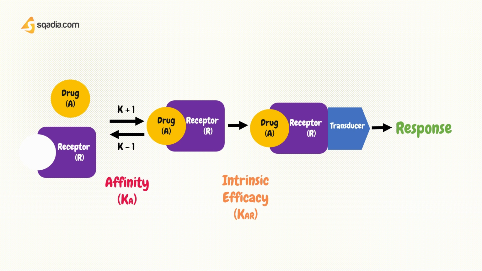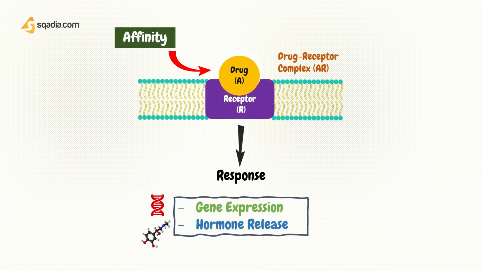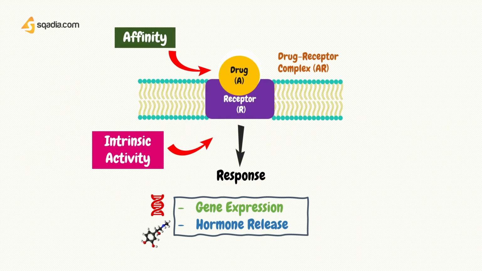Okay? It can be defined as the affinity of the agonist receptor complex for a transducer. And it can also be described as, the analogy I used earlier, that when the agonist actually conquers the land, that is, that it produces a response. So this can also be called its intrinsic activity.